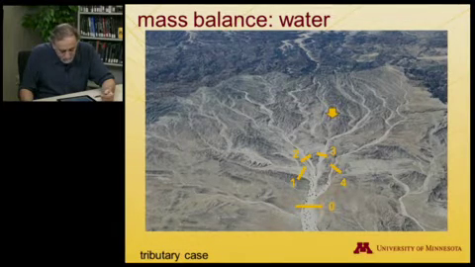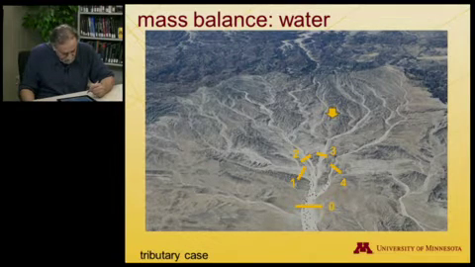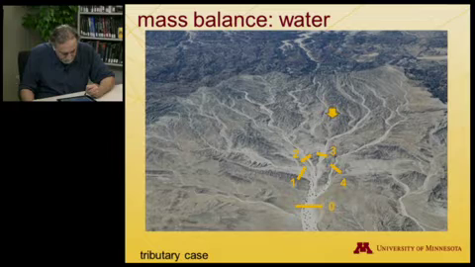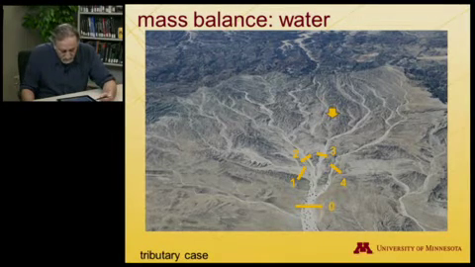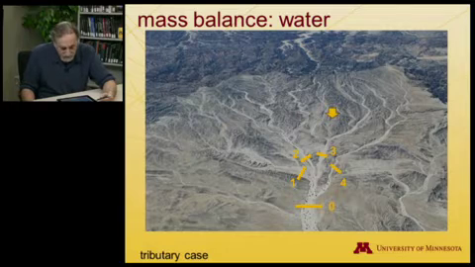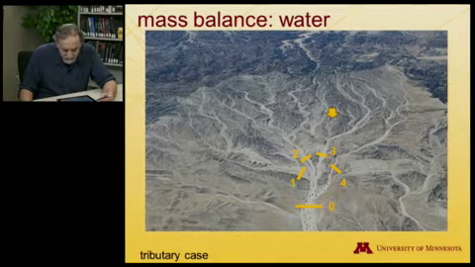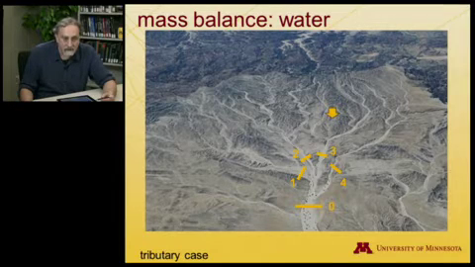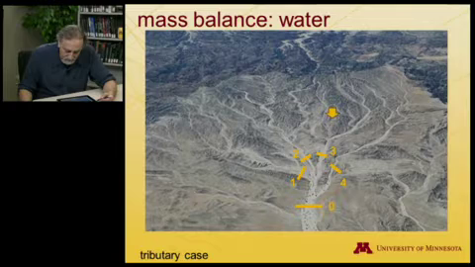So one thing you should think about is what the relation is between the discharge in the various river channels that we have here. And hopefully you can convince yourself, looking at the little cross sections that I've indicated with the orange bars, that the discharge at section 0 would be the sum of the discharges at 1, 2, 3, and 4.